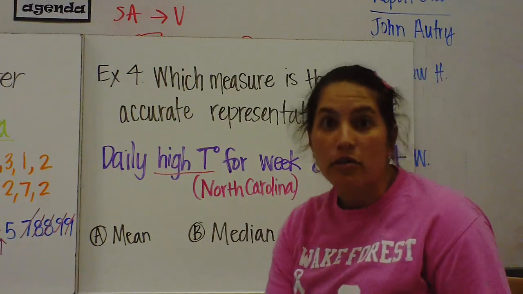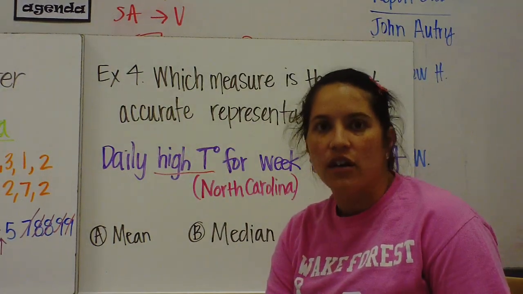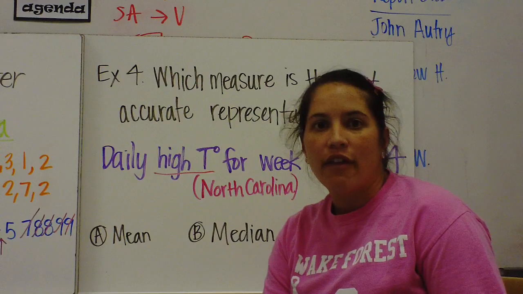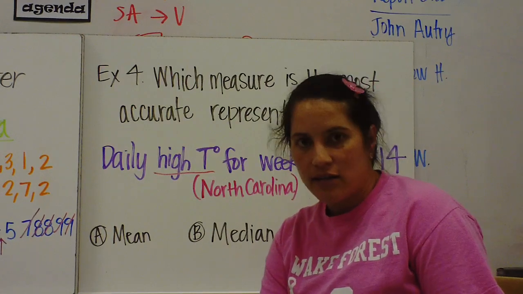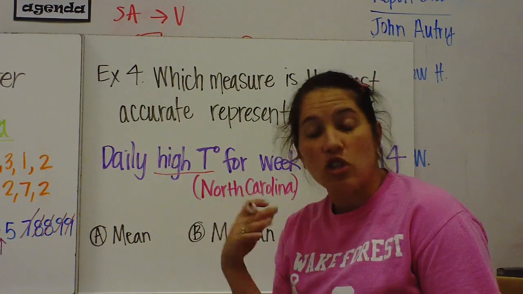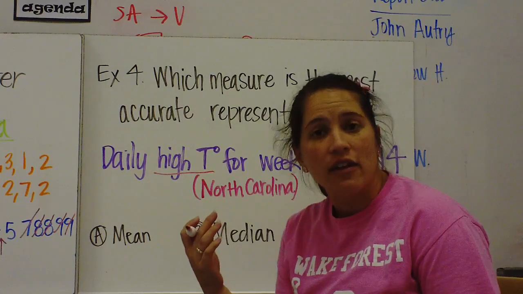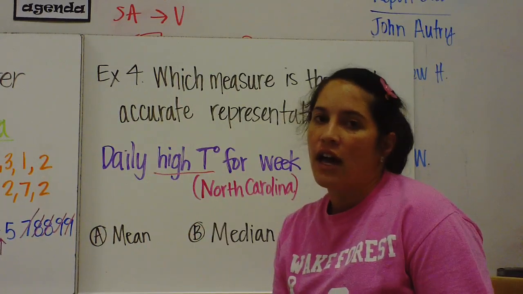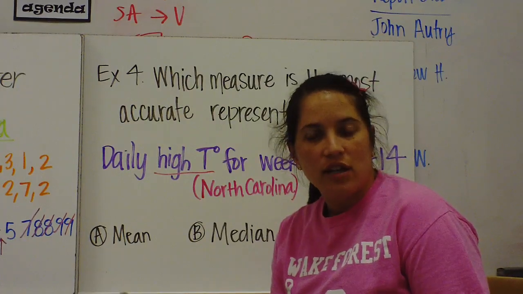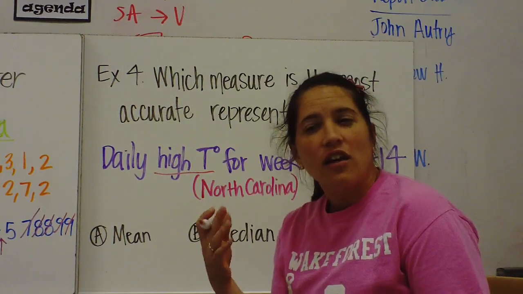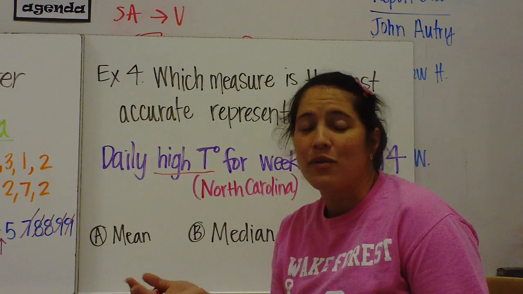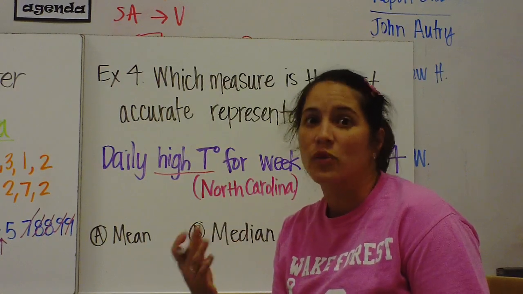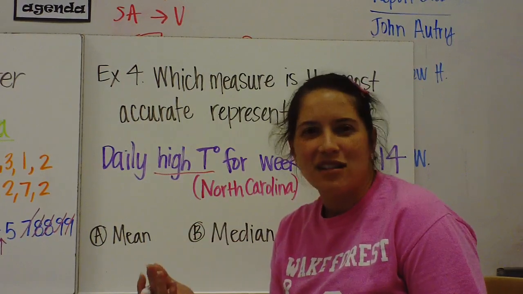Most of us have lived here in North Carolina for a summer, and we know that July is hot. With the temperatures, do you think they are all going to be close together? Or do you think we're going to have a day where the temperature totally drops and is way cooler in July? Hopefully you're thinking the temperatures are going to all be about the same, because the months of July and August are really, really hot and it doesn't ever get cool.